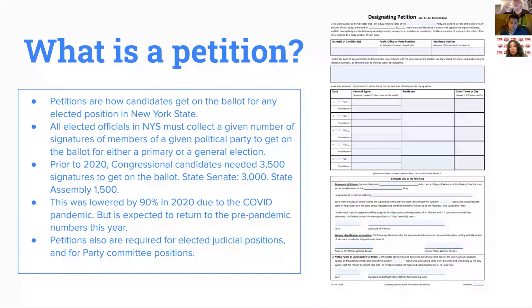Just from personal experience, we collected 5,000 signatures for one of the congressional campaigns I worked on in 2018. That gives you an idea of how many they want to get, just to make sure there are no legal issues in getting on the ballot.